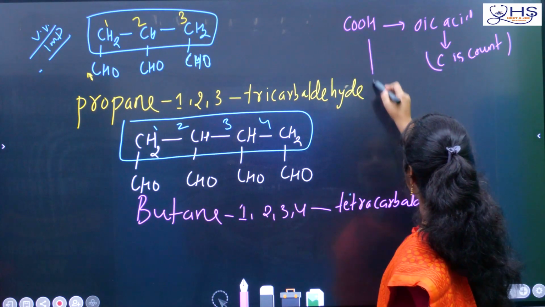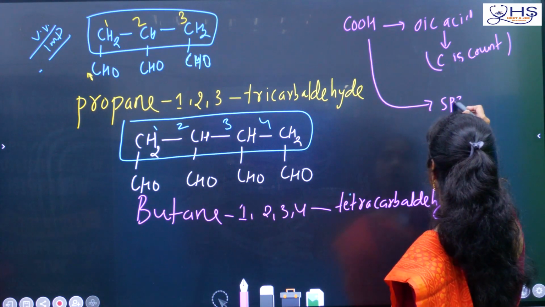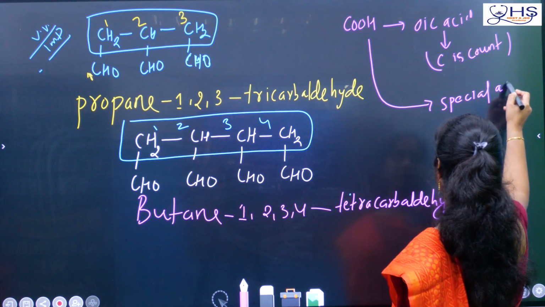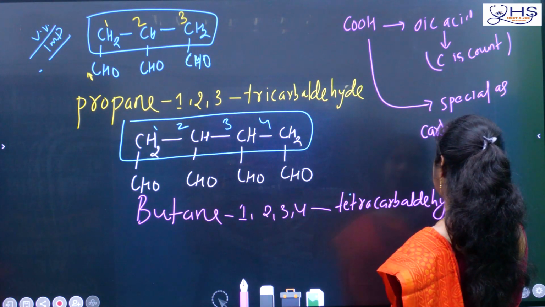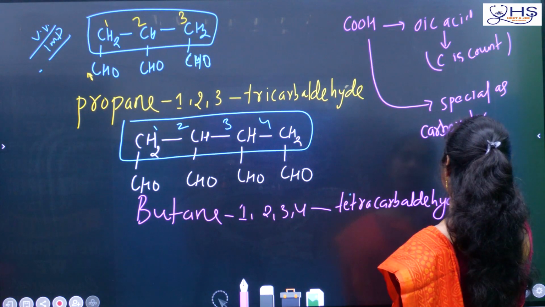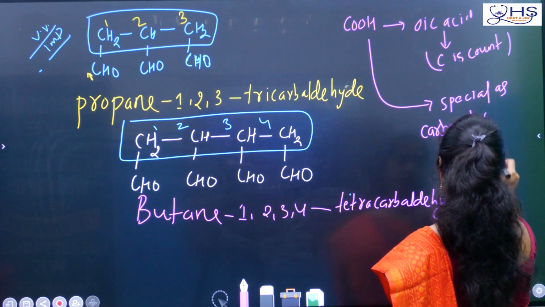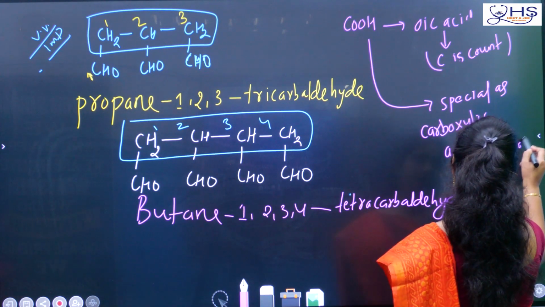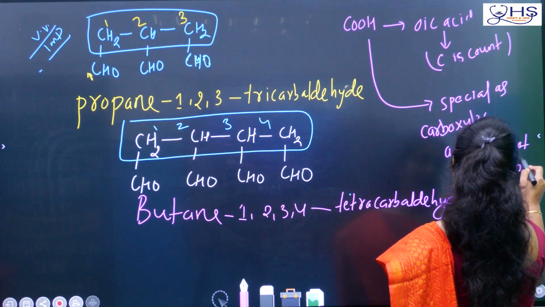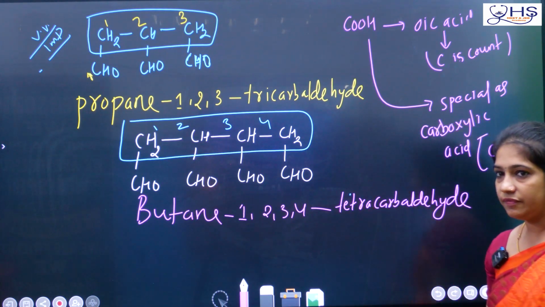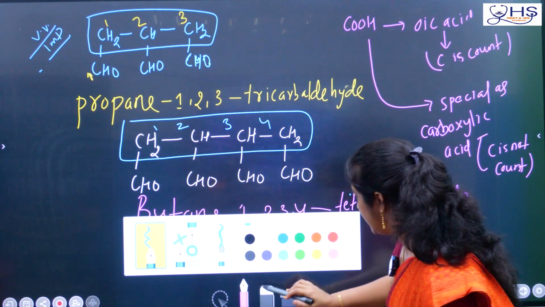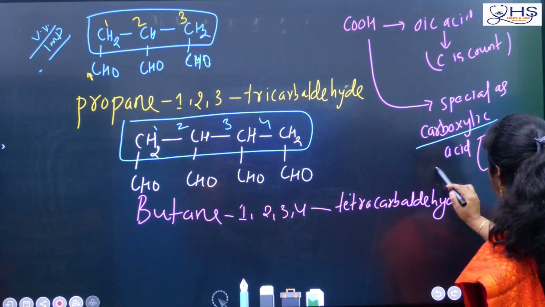But I will use the special suffix carboxylic acid, and at that time I will not count the carbon. So the carbon is not counted, very important, and we will use the special suffix, that is carboxylic acid.